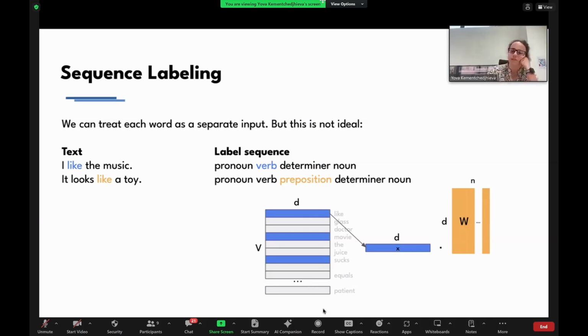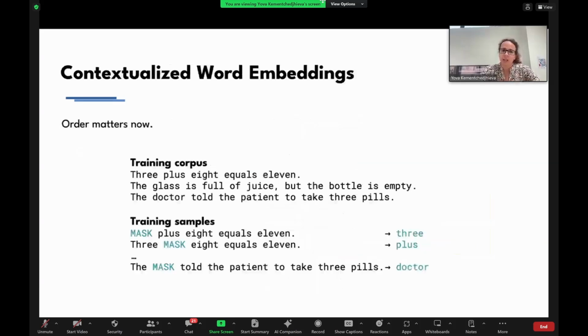If we take this naive approach of classifying every word separately by disregarding the context, we will always be making a mistake on at least one of these 2, right? Our weight matrix will either predict verb or preposition for every occurrence of the word "like" in our data.